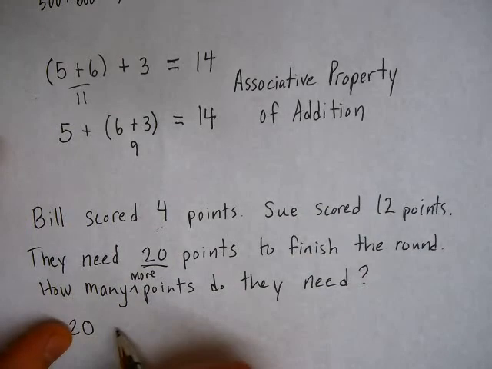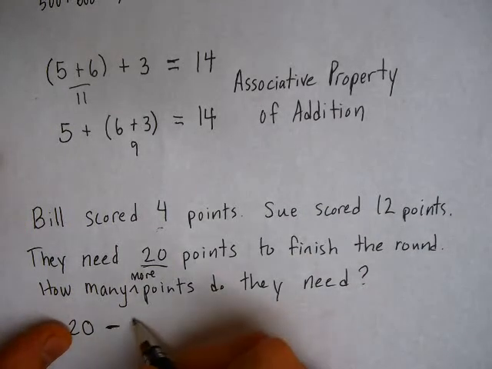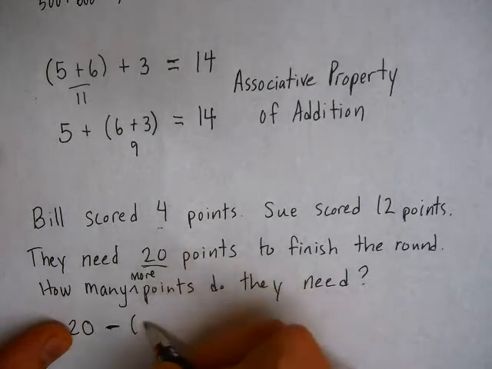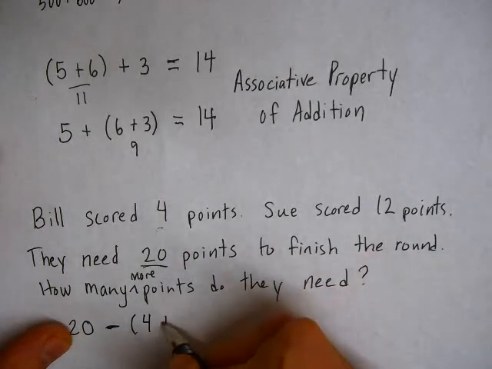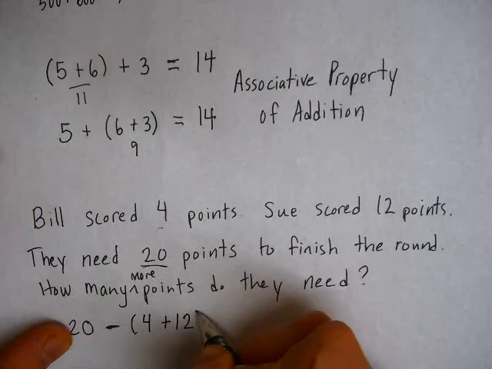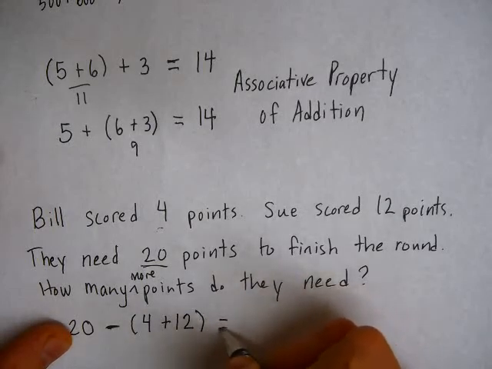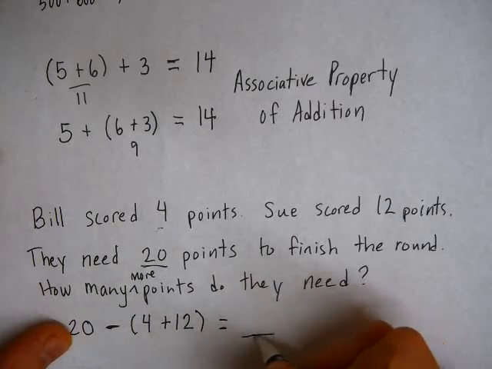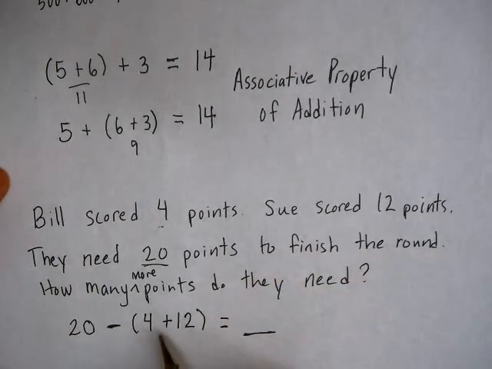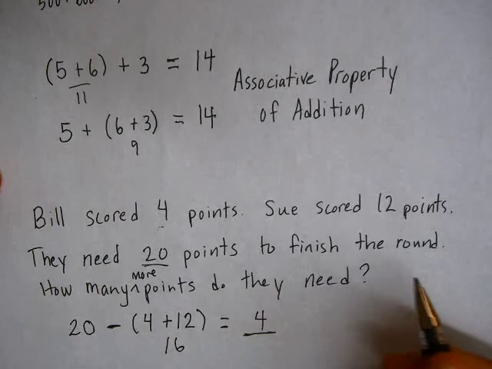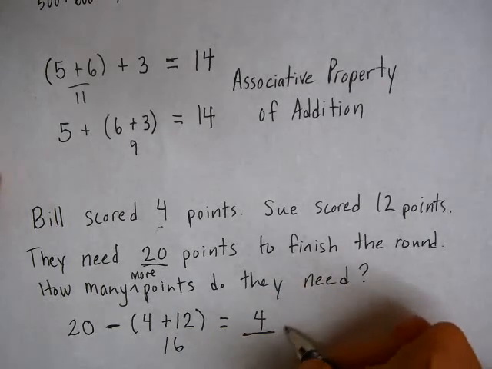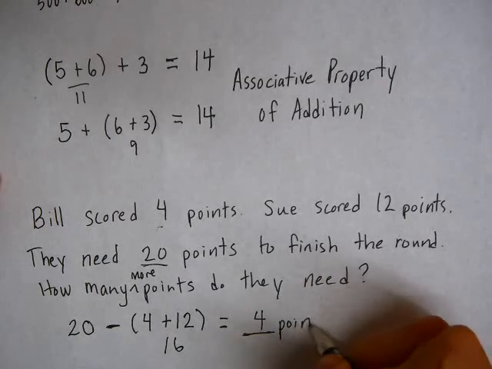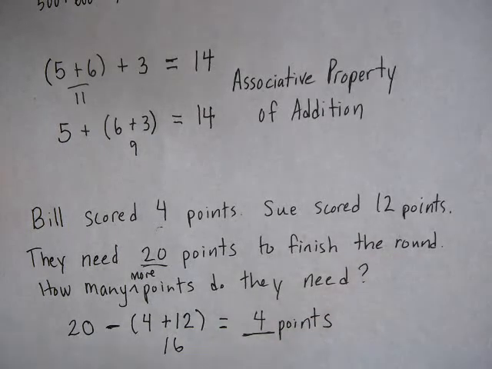So I'm going to start here, and I'm going to say 20 minus, and what's going to go in parentheses would be the 4 plus the 12. And then that's going to equal the remaining number that I'm going to need to get to 20. So we want kids to be able to generate a number model like this from this sort of number story. So 4 plus 12 is 16. 20 minus 16 is 4. They need 4 more points in order to finish the round.